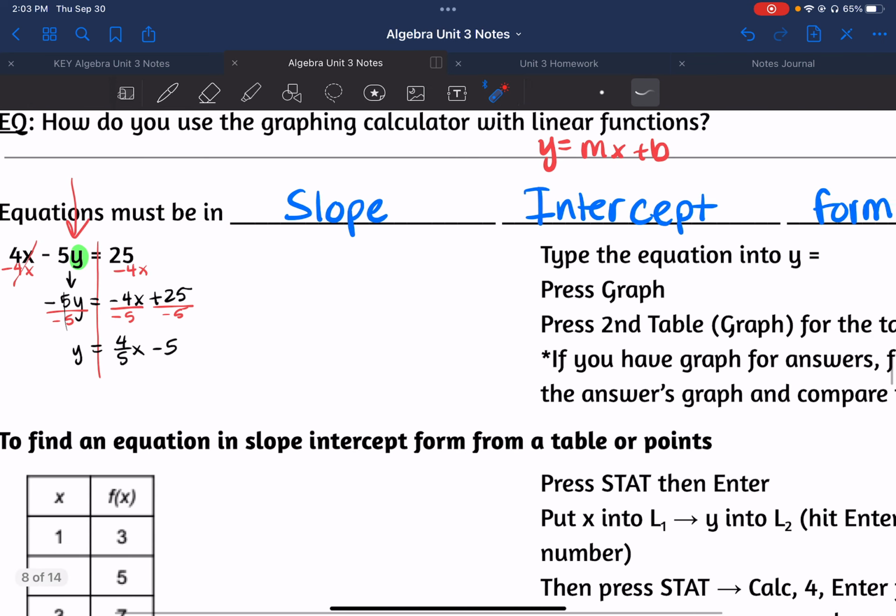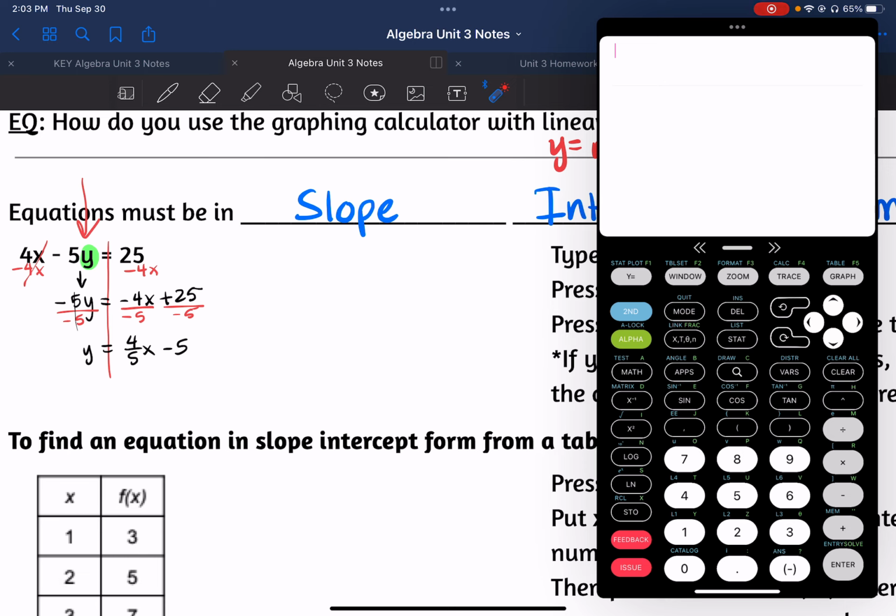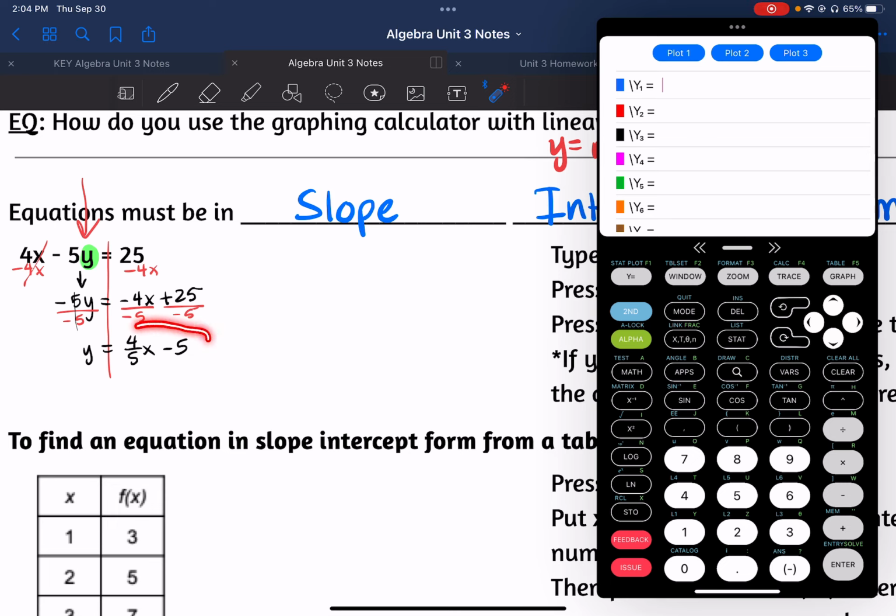So let's go ahead and pull up your calculator. Here's my calculator. Now what you need to do is type y equals. The y equals button is right here. Hit this y equals button, so you should be here. Now what we're going to type in here is just this side of my equation, just this side.